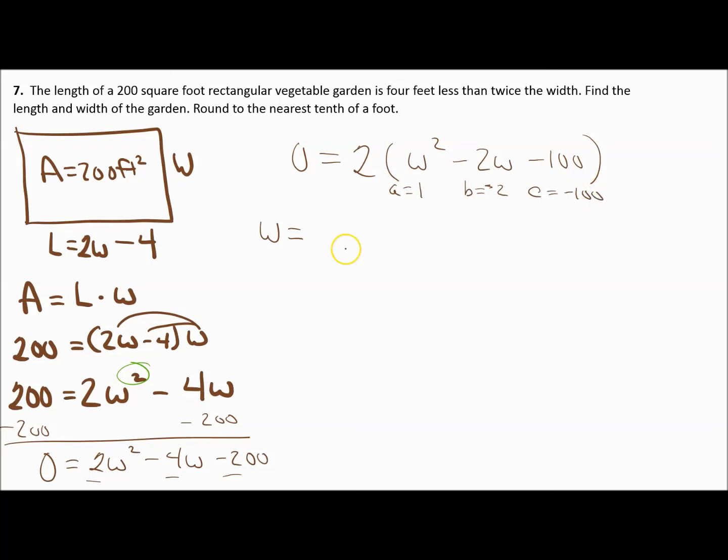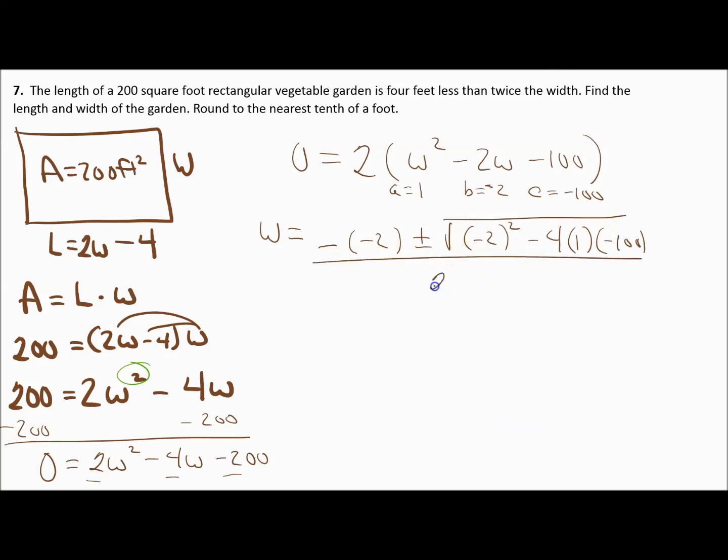So here we go. Negative of a negative 2 plus or minus the square root of negative 2 squared minus 4 times A times C, and this is all divided by 2 times A, which is 1.